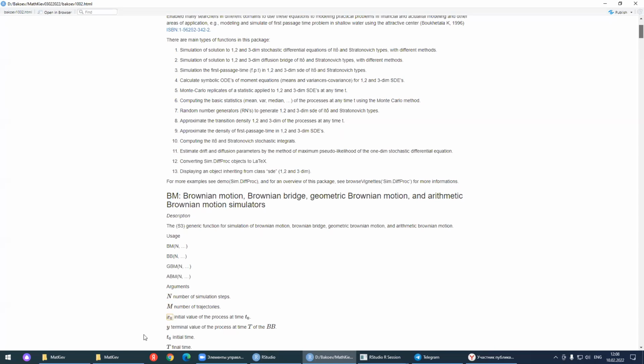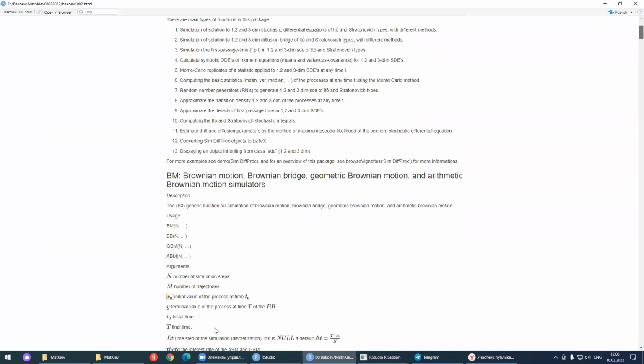X0 is the initial value of the process at time t0. Y is the terminal value of the process at time t of the Brownian bridge, because in the Brownian bridge you need two values of the process, at the beginning and at the end.